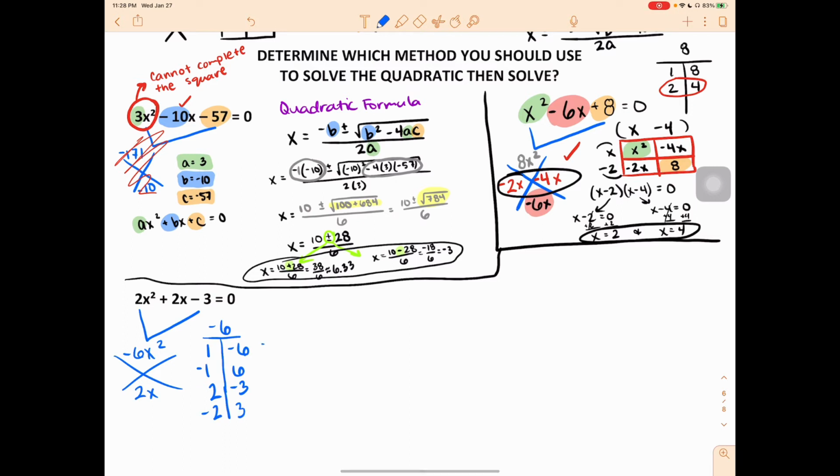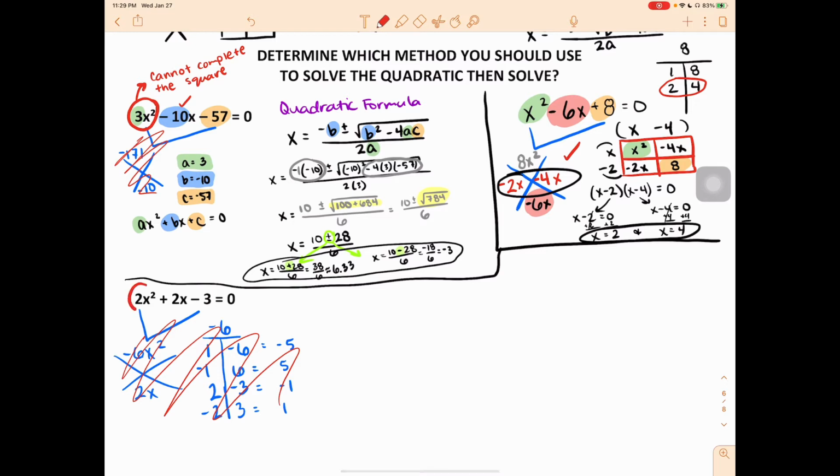And then if you add those, this one would be a -5, a +5, -1, and a +1. None of them are 2. So this does not work. Does not work.